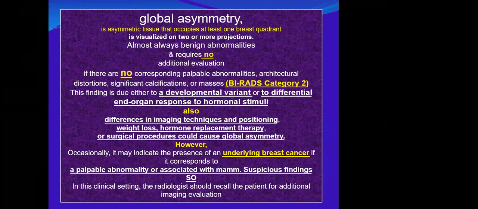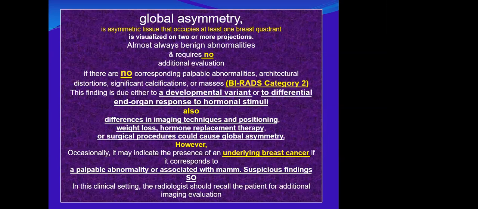It is almost always a benign abnormality and requires no additional evaluation if there is no corresponding palpable abnormality, no associated architectural distortion, no significant or suspicious calcification or masses. Then it will be BI-RADS 2.